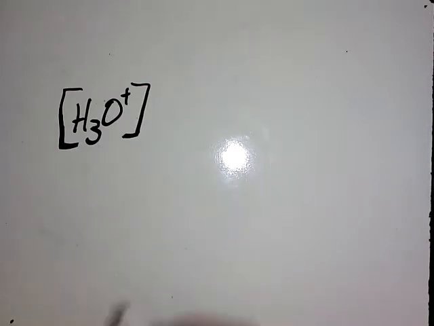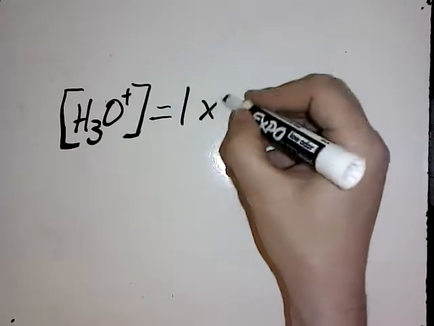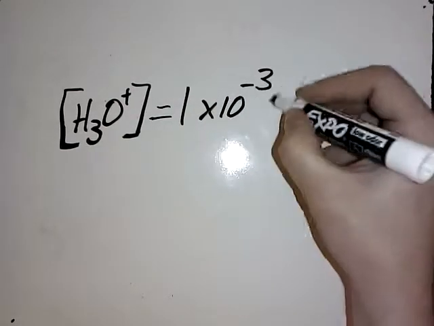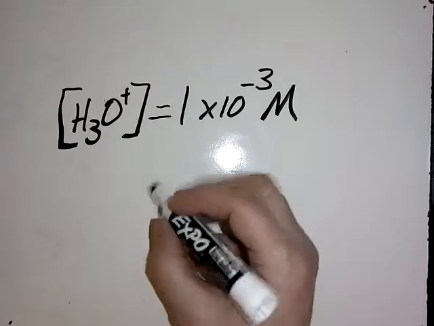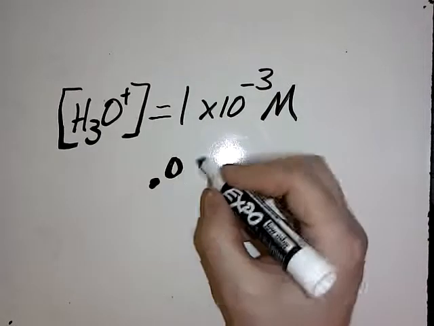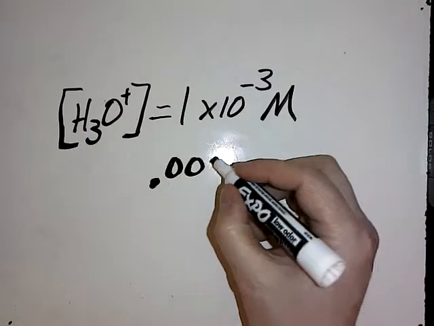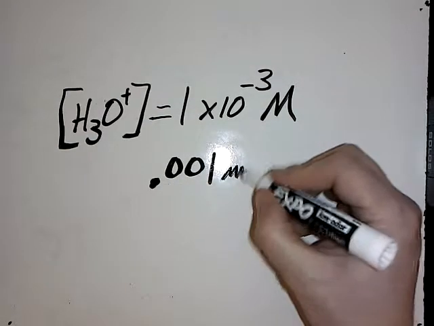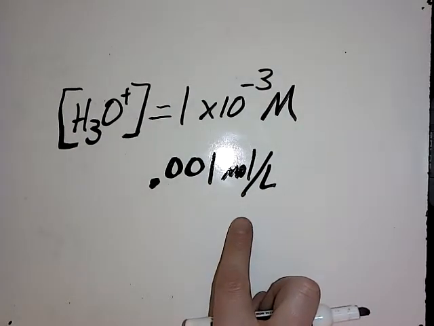Let's say that the hydronium concentration for this is equal to 1 times 10 to the negative third molar. Which means, in other words, if I was to write this out, it would be 0.001 moles of solute per liter of solution.